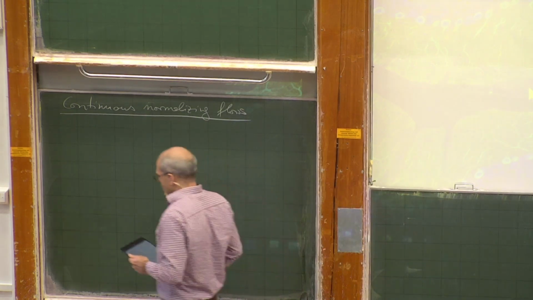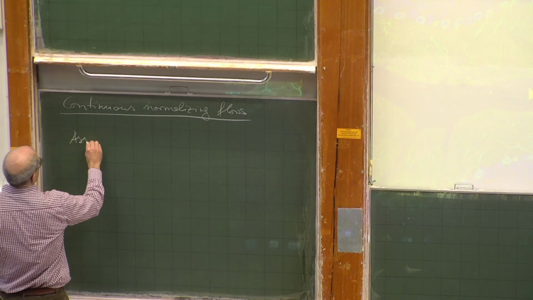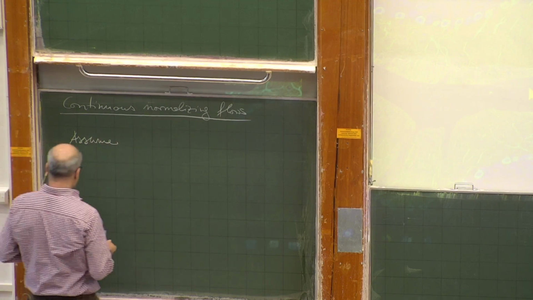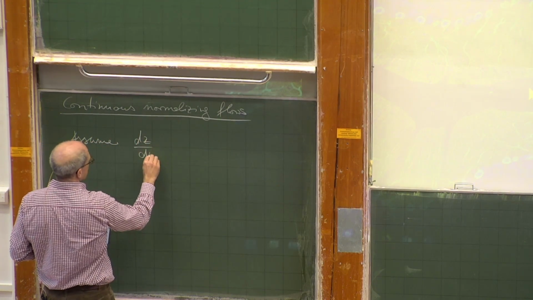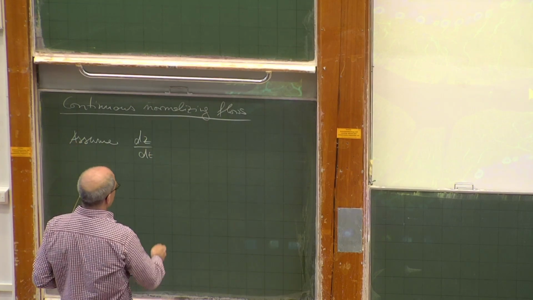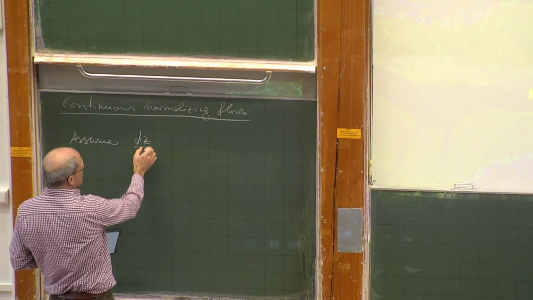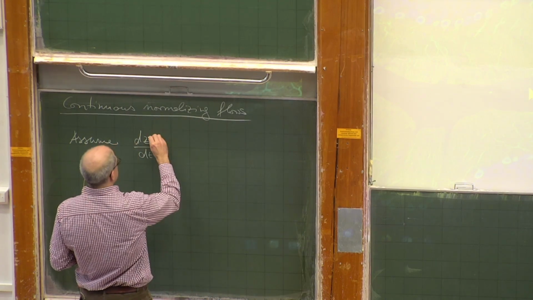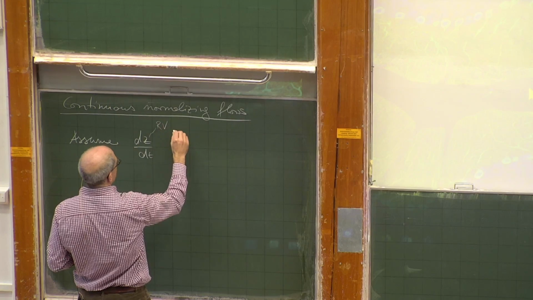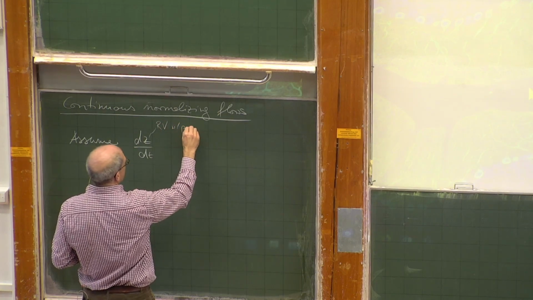So we assume that we distort the space variable z over time. So this is a random variable with some probability.